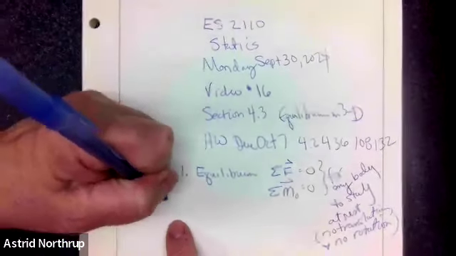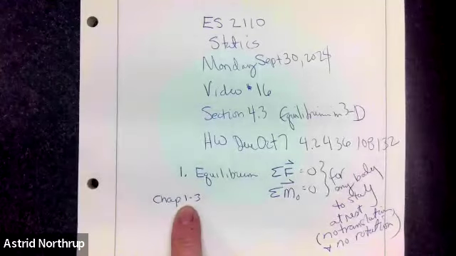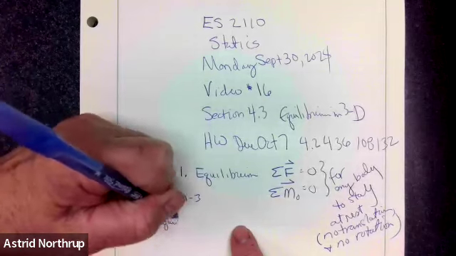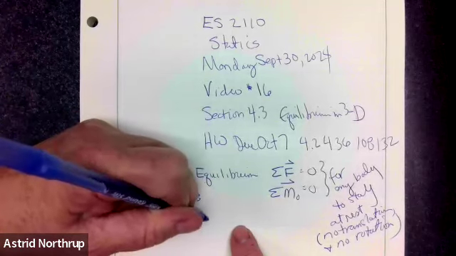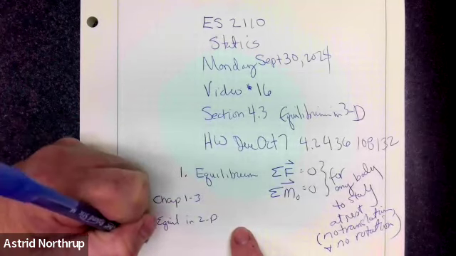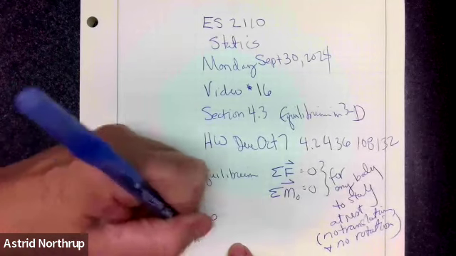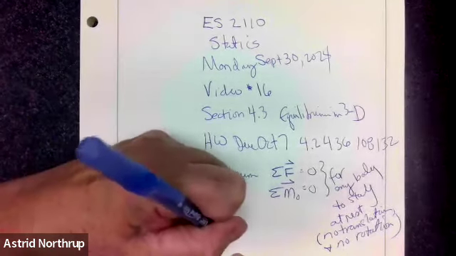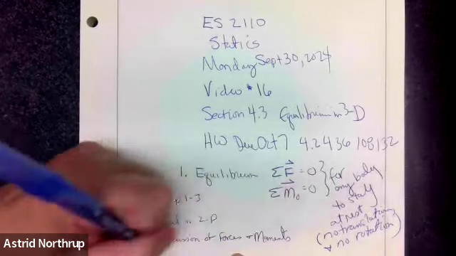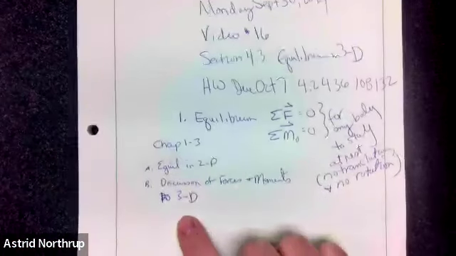So in chapters 1 through 3, actually 2 and 3, but we'll go ahead and include this, we did equilibrium in 2 dimensions, and then we extended our discussion of forces and moments to 3 dimensions.